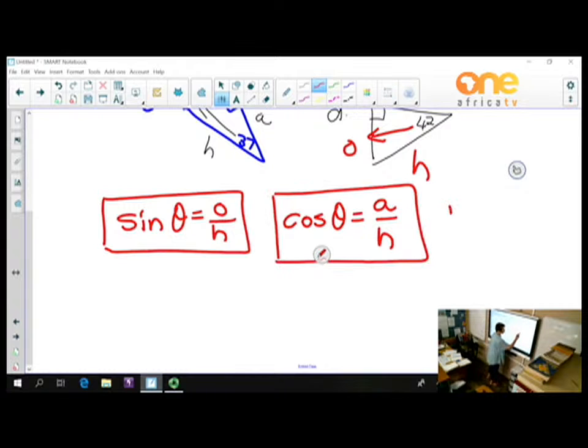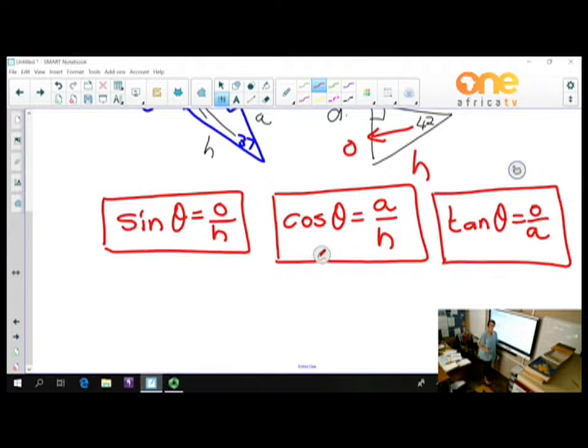And the third one is then tan theta, which is opposite over adjacent. So that is your three trigonometric ratios. So they talk about SOHCAHTOA, that's how you can remember it. But if you can't identify the sides, then you can't do the sums.